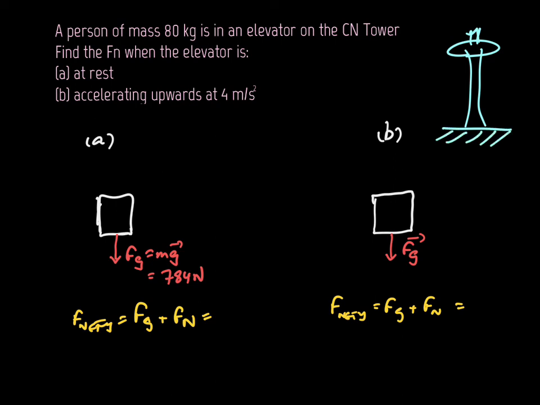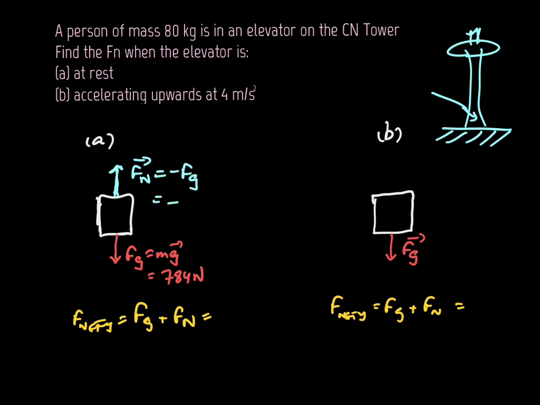So the person's in an elevator in the CN Tower. When they're at rest, or I should say at rest or moving with a constant velocity, in other words no net force, then only in that case can we say that Fn is equal to mg, or the negative of Fg rather.